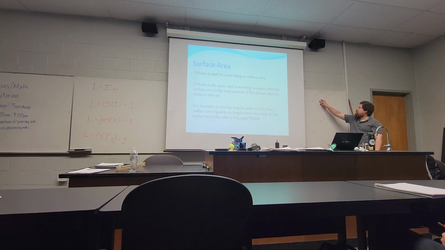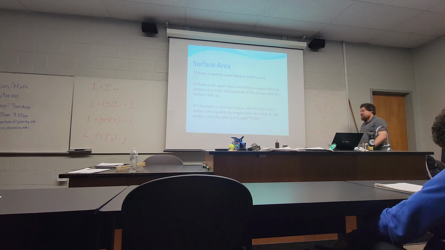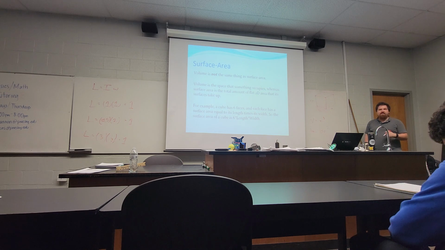Cubes have a front side, other side, back side, top and bottom. And you'd have to add all of those together. So the surface area of the cube is 6 times the single flat area of one of its sides.